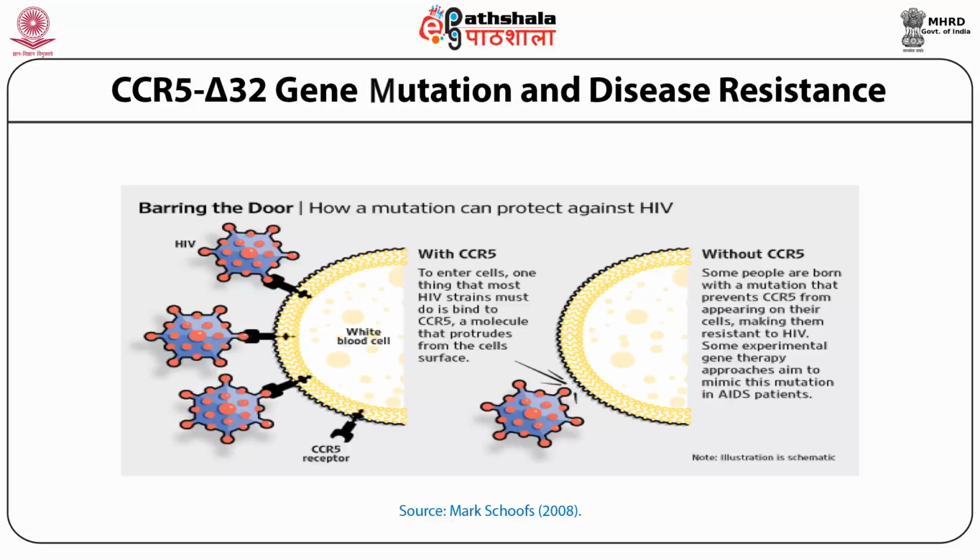This condition does not allow the pathogen to enter the cell and thus infect it. This is clearly evident in the given picture, where the absence of the CCR5 receptor does not allow the pathogen to enter inside the cell.